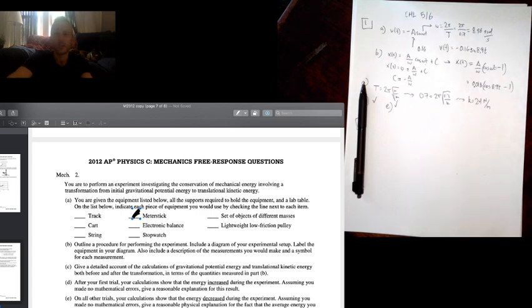I'm going to use an electronic balance. That's basically a scale. I'm going to use a set of objects of different masses and a lightweight, low friction pulley.